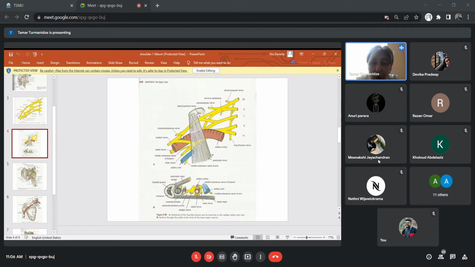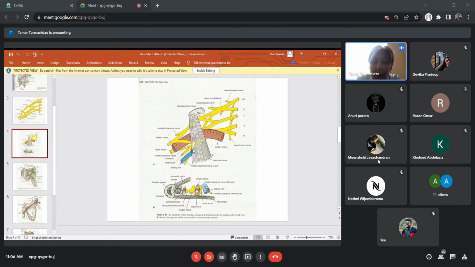This lateral root of the median nerve and the medial root of the median nerve join each other and form the median nerve. The posterior cord of the brachial plexus gives off the radial nerve and gives off the axillary nerve.